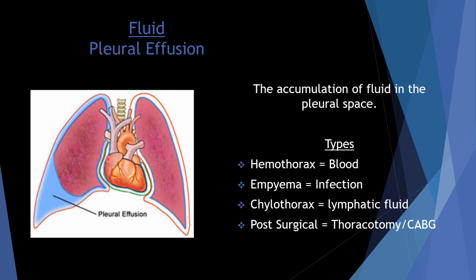Because when you do open heart surgery, you have to cut through the pericardium, and it can seep some fluids, and we want to make sure that we drain that, because it can cause increased intrathoracic pressure there, and fluid can build up, and it can cause a tamponade, right? And then thoracotomy. But know that the different types of fluid are all still considered pleural effusion.